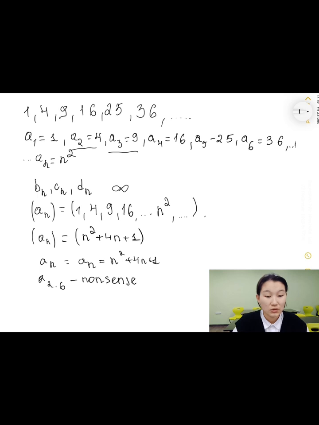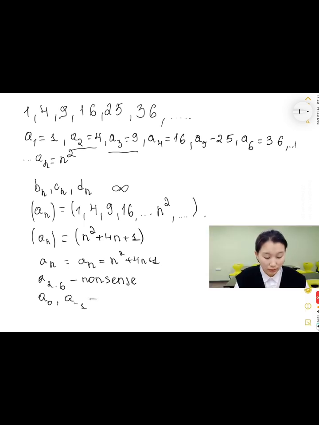Remember that a sequence is a function which is defined on the set of natural numbers, and 2.6 is not a natural number. Clearly, expressions like a0 or a-1 are also meaningless. Do you get it? We say that such terms are undefined.